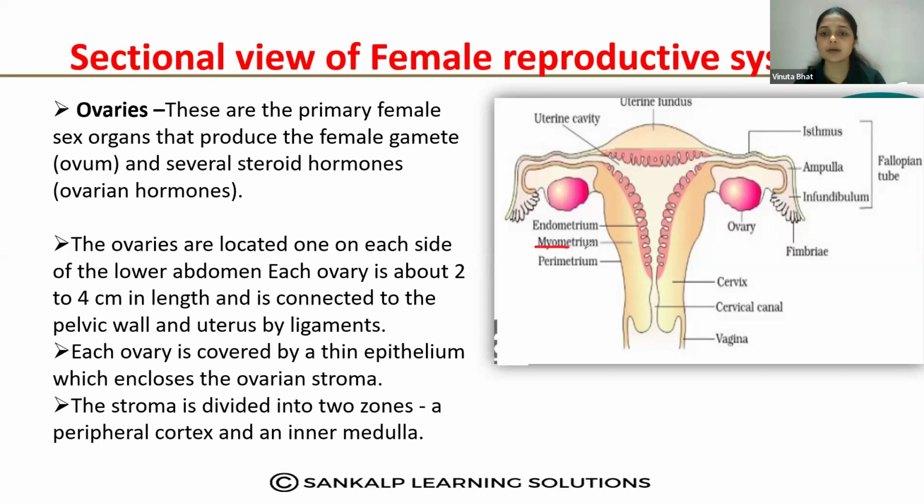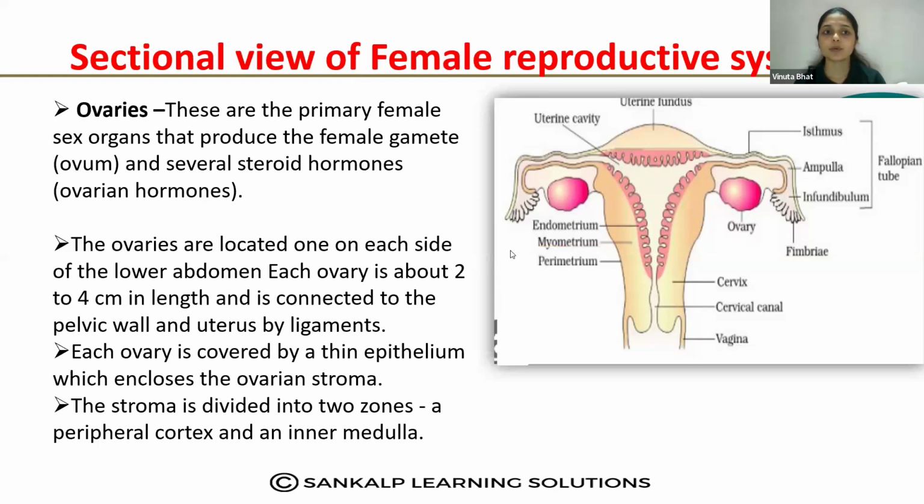And the myometrium causes the strong uterine contraction during childbirth. So the endometrium is responsible for the menstrual cycle, and the myometrium causes strong uterine contractions during childbirth. That is the main function of the endometrium and the myometrium.